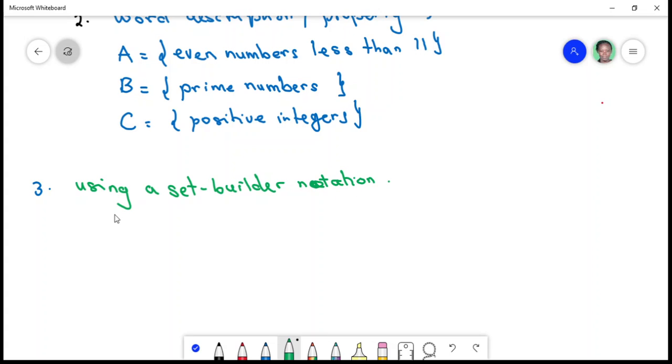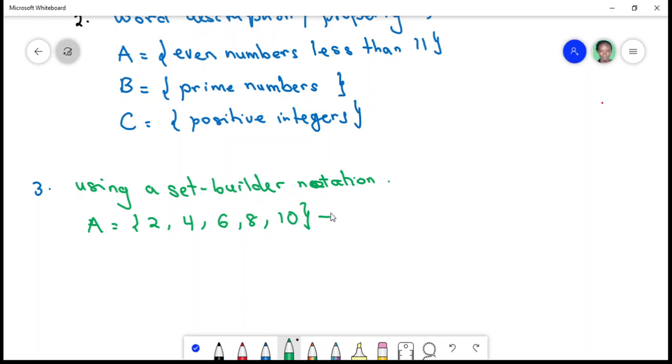Okay, so for example, let's take our set A we had. It was 2, 4, 6, 8, 10. What does it mean to use a set builder notation?